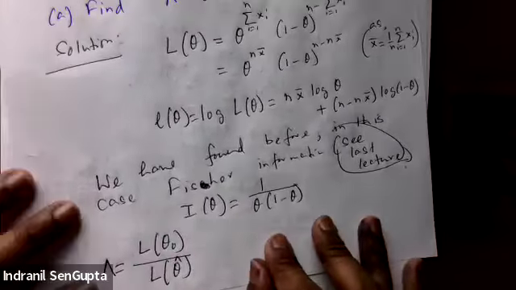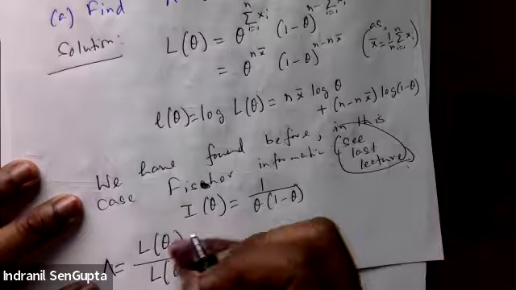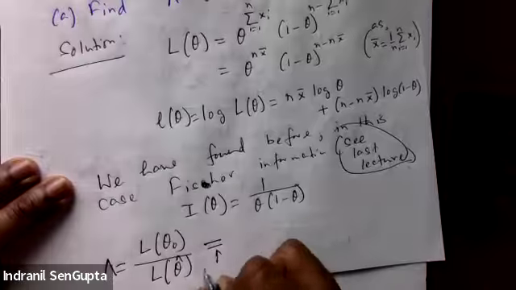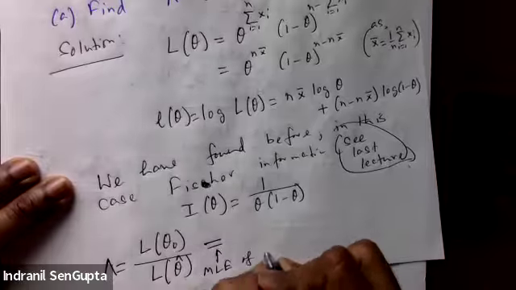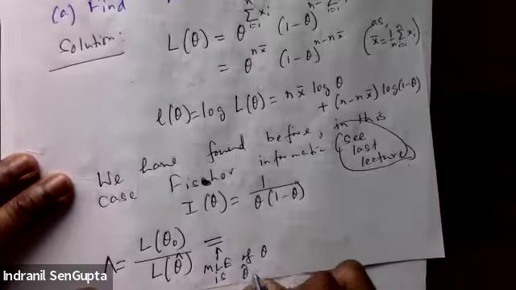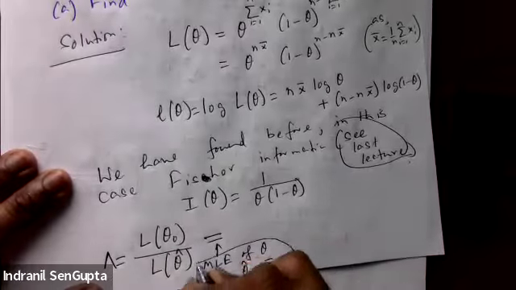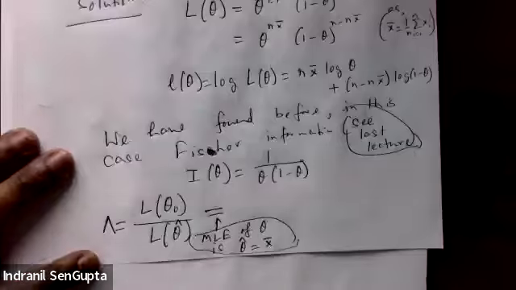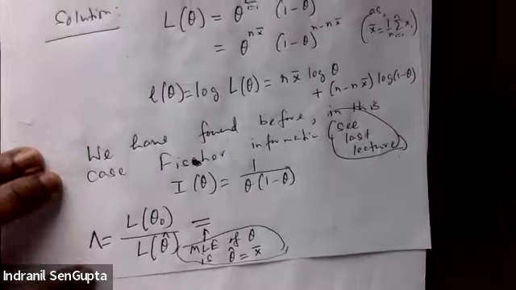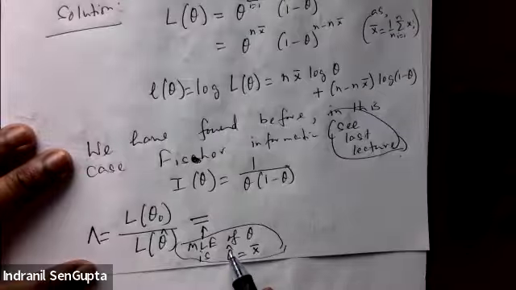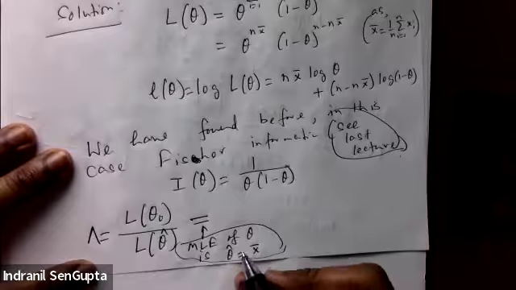By the way, what is the estimator? The MLE of theta is theta hat. We have done this many, many times. It's x bar. Right? For this case, x bar is the MLE for theta.